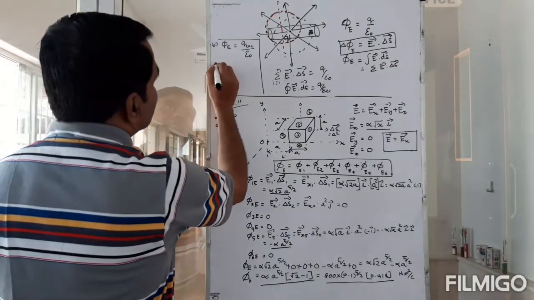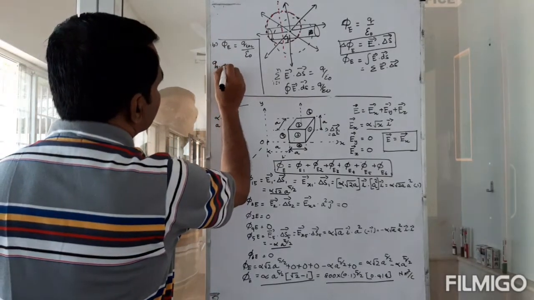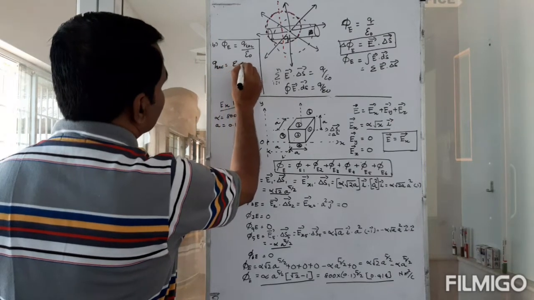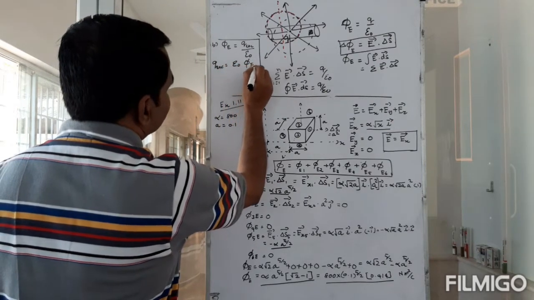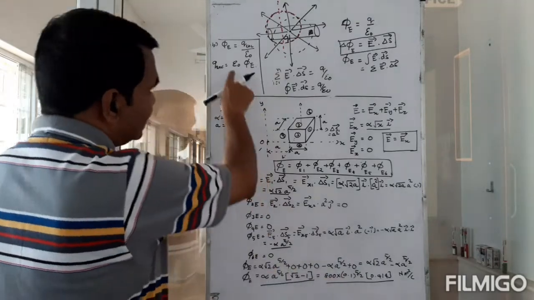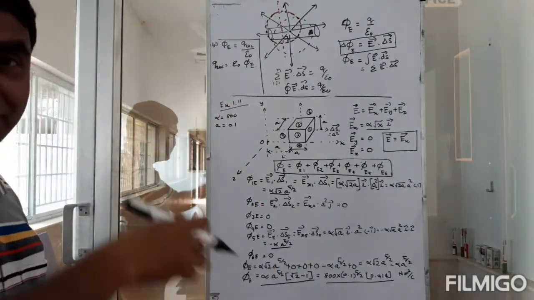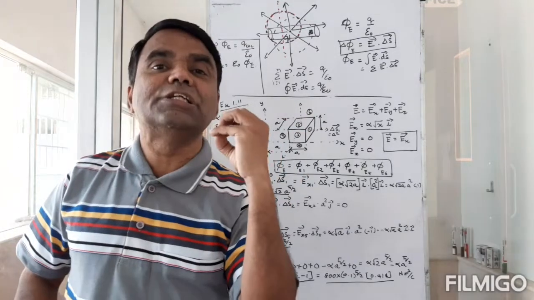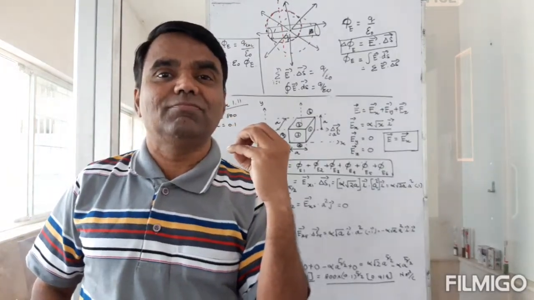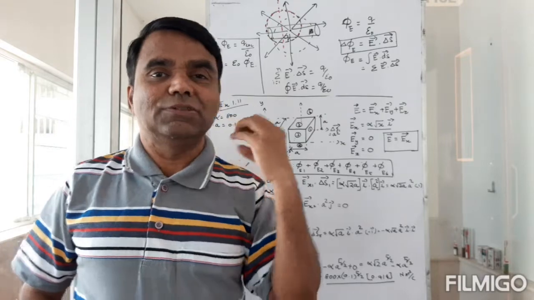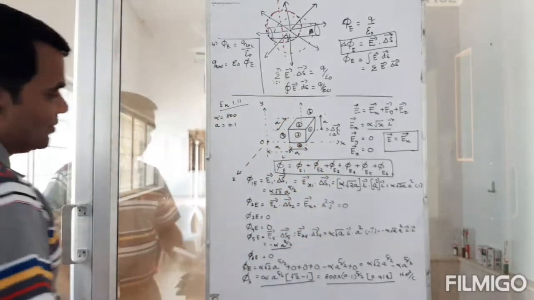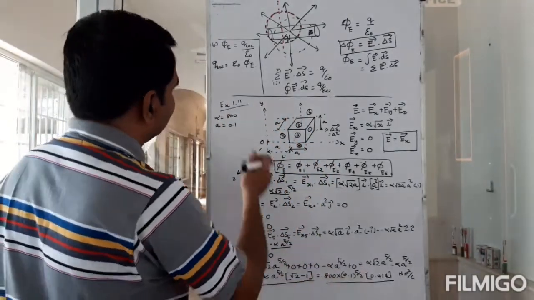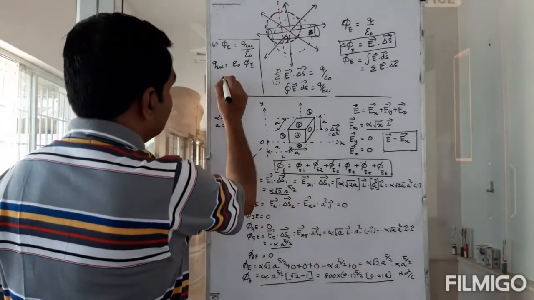So Q enclosed is equal to epsilon naught into phi e. We got phi e here, then you know the value of epsilon naught, then multiply those two, then you will get the charge contained in the cube. So that's very easy for you to do. So I'll take that.